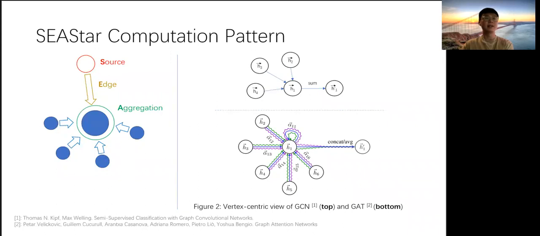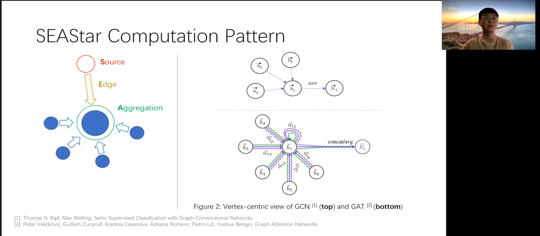In the source stage, features of source vertices are first transformed using neural network operations such as linear layer. In the edge stage, the feature of source, destination, and other edges interact with each other. The aggregation stage aggregates the transformed feature to the center node. Finally, the aggregated feature may go through more neural network operations before they are fed into the next layer.